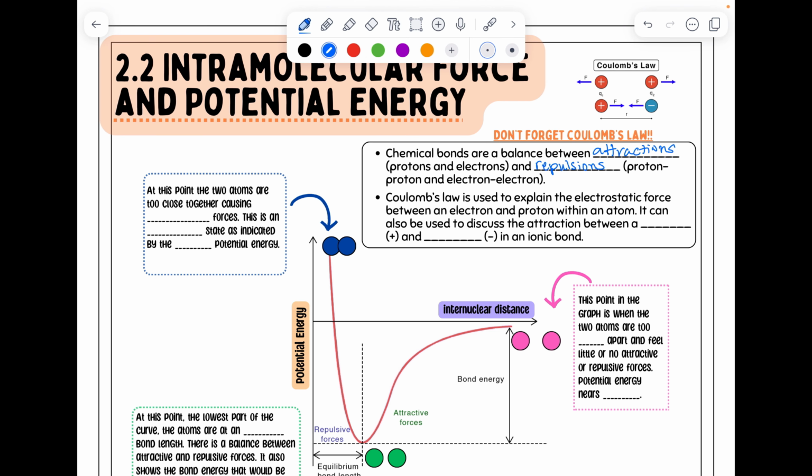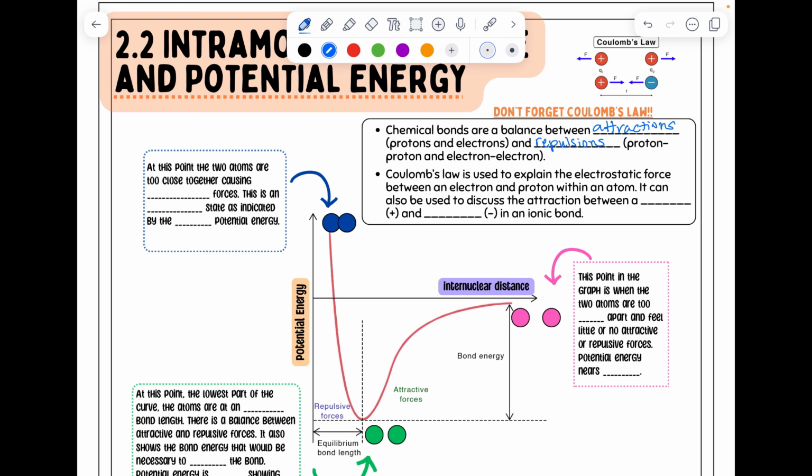Coulomb's law is used to explain this electrostatic force between the electron and proton within an atom. It can also be used to discuss the attraction between a cation, remember that's our metal with a positive charge usually, and our anion, which is our nonmetal that forms that negative charge in an ionic bond.